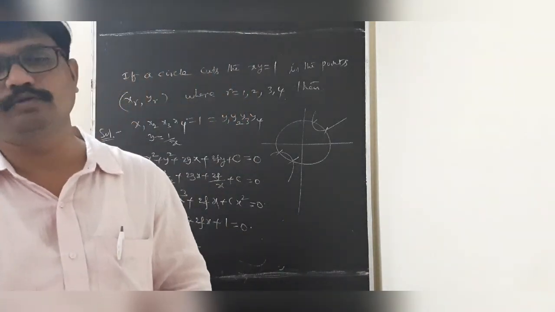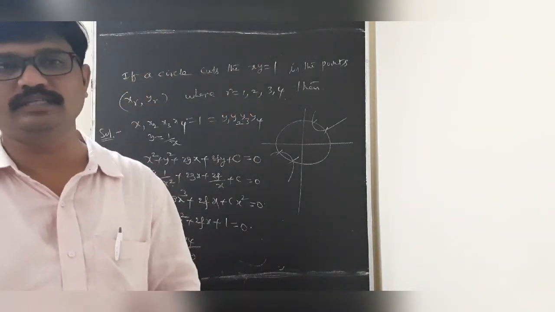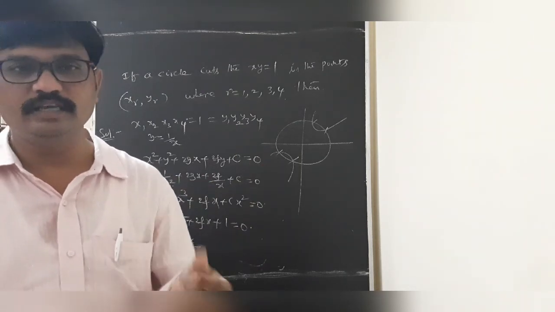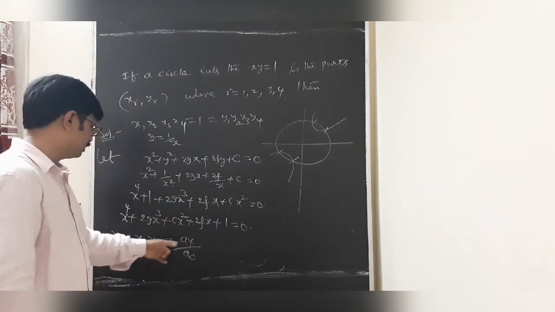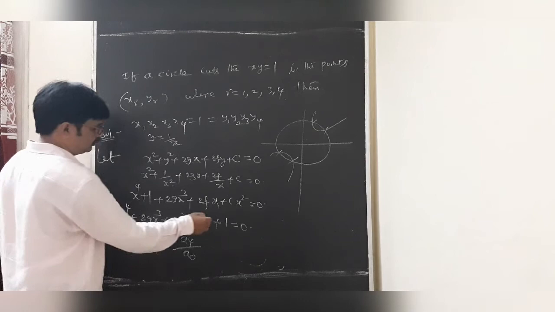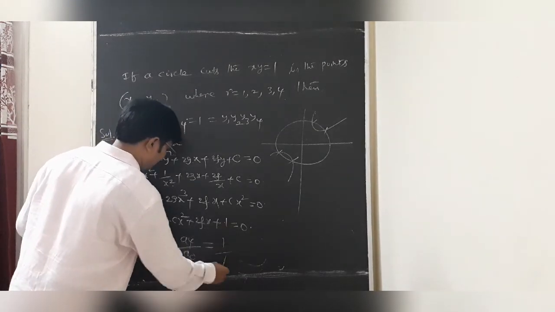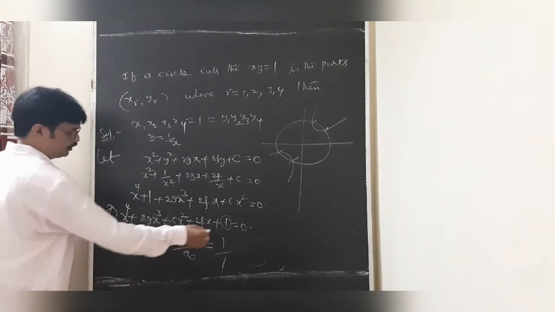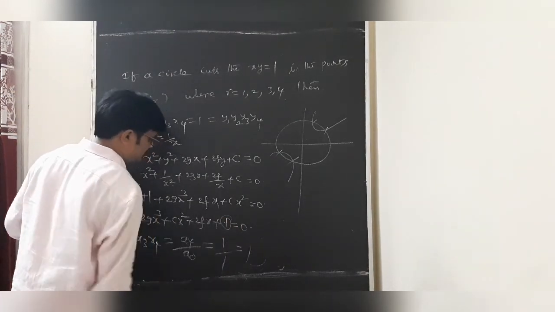The sum of the products of the roots taken 2 at a time, s2, is a2 by a0. s3 is minus a3 by a0, and s4 is a4 by a0. Here the coefficients are a0, a1, a2, a3, a4. Since a0 is 1 and a4 is 1, 1 by 1 is 1.